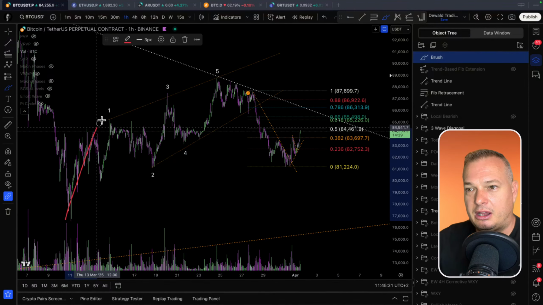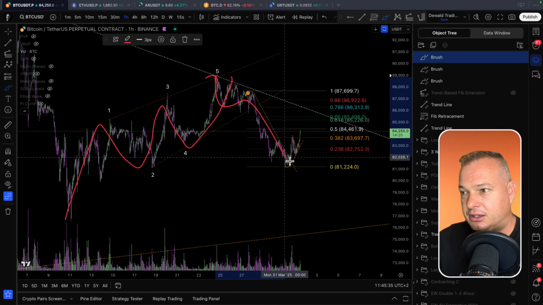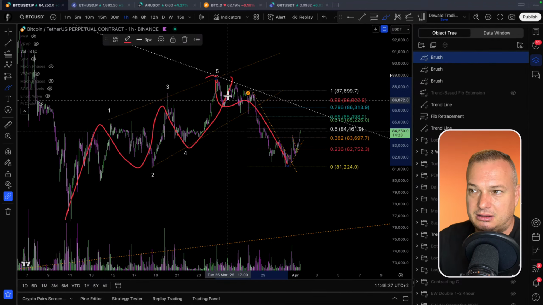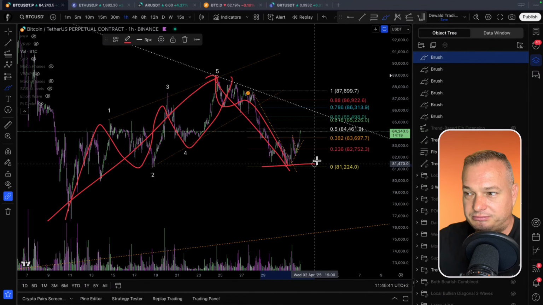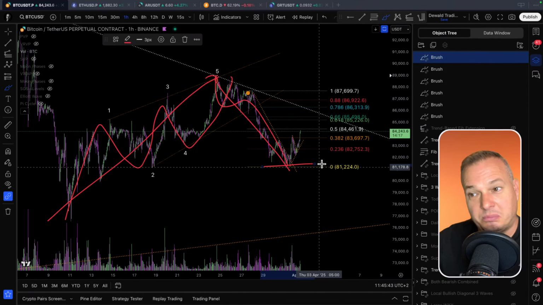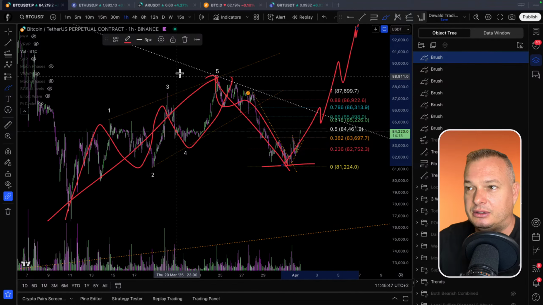You have formed a 1, 2, 3, 4, 5 to the upside. This is the correction that ended. It corrected the impulse. It bounced, front ran some levels, but it bounced. And now we are on our way up here to $95,000 potentially.